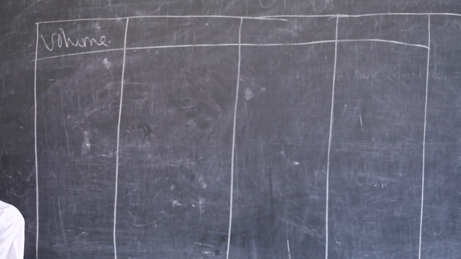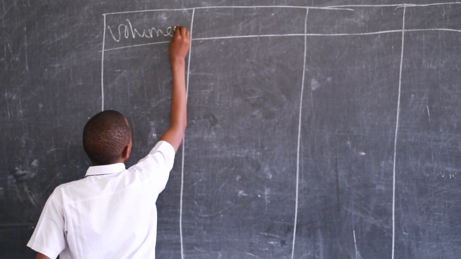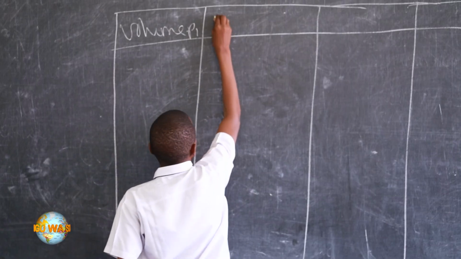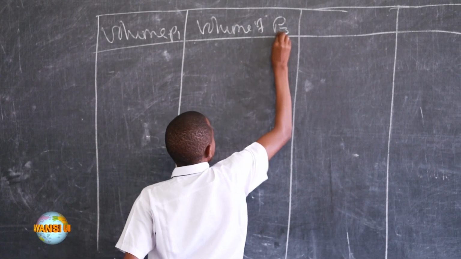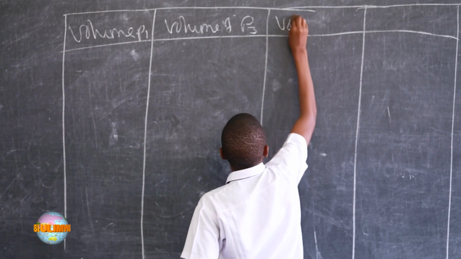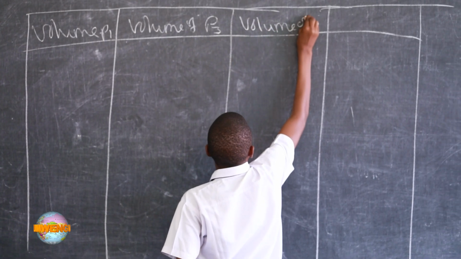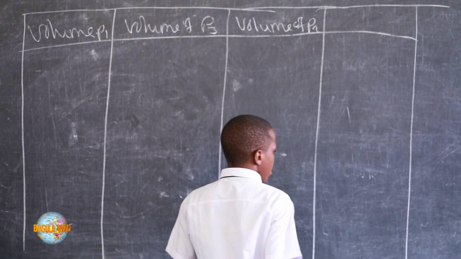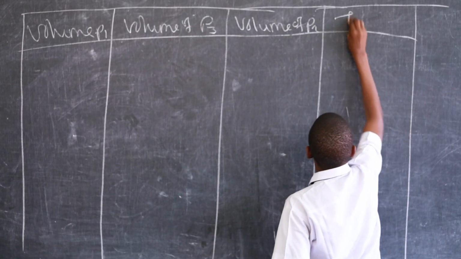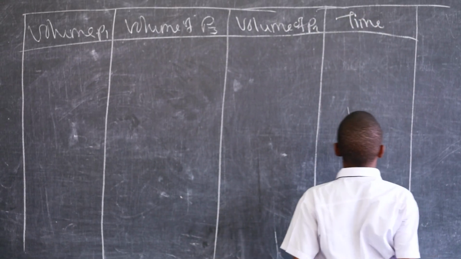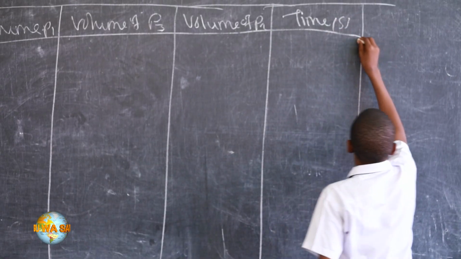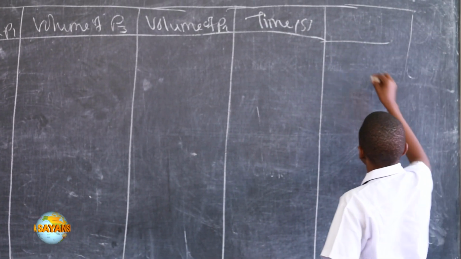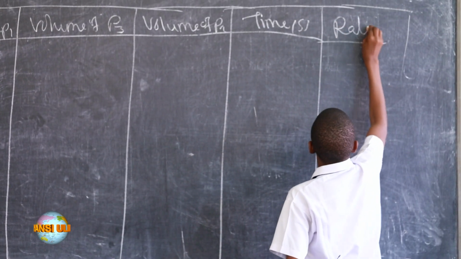We were provided with volume of P1, volume of P3, as well as volume of P2. We are required to find the time taken for the reaction to reach its end. Also, we are required to find the rate of the reaction.